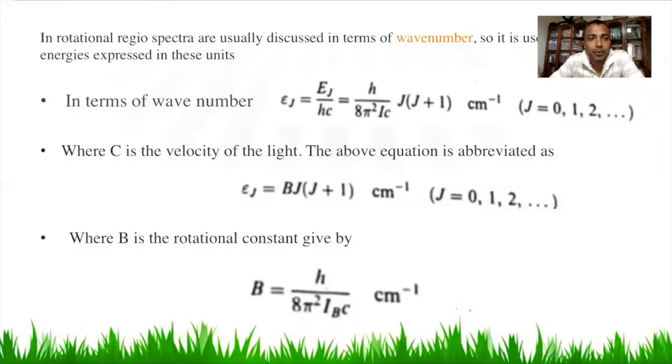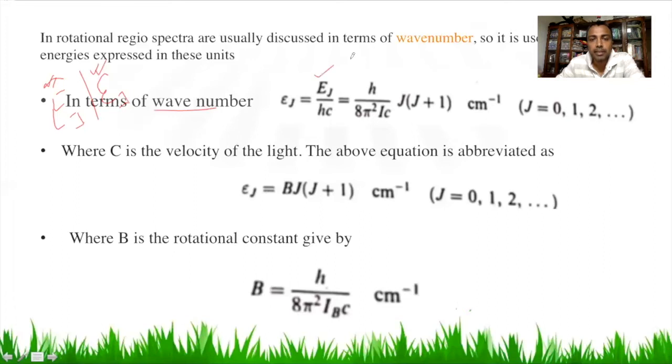Rotational spectra are usually discussed in terms of wave number. Whatever we have already written, E_J, represents the energy. Now E_J will be converted into F(J), which represents the wave number.